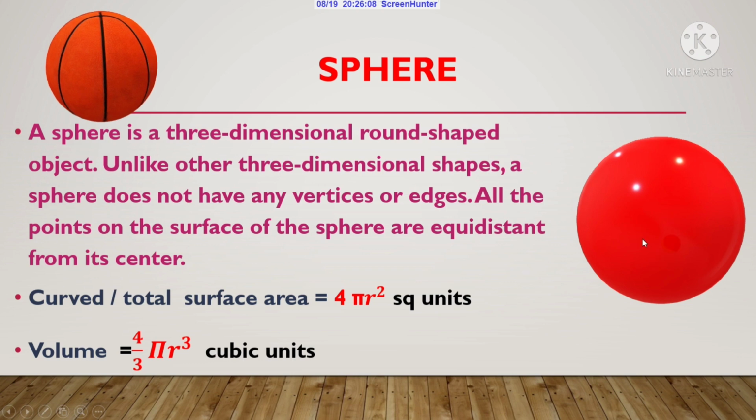All the points on the surface of the sphere are equidistant from the center. Here there will be only one area, that is surface area, which is 4 times pi r square, and volume will be 4 by 3 pi r cubic units.